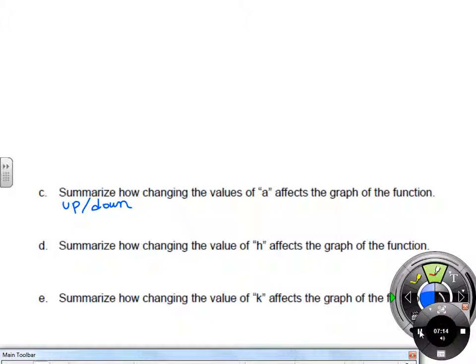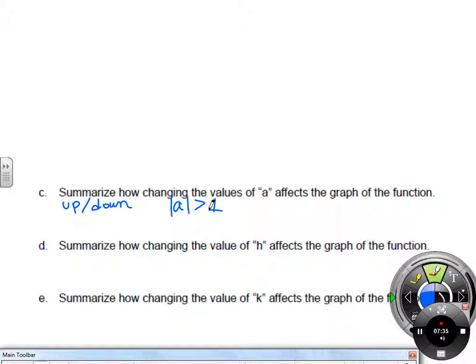Okay, we saw numbers of 3 and 2, and that made our graph more narrow. So whether A was negative or positive, if its value was bigger than 1, okay, it was making our graph more narrow. Now, instead of saying more narrow, I want us to talk about, is that a vertical stretch or a vertical compression? It's vertical because the A was outside.